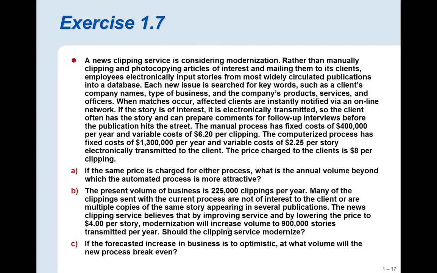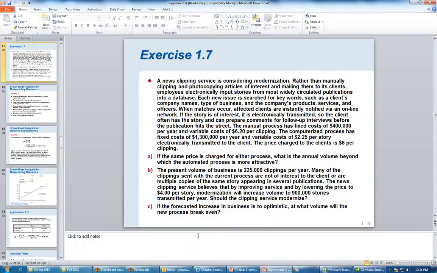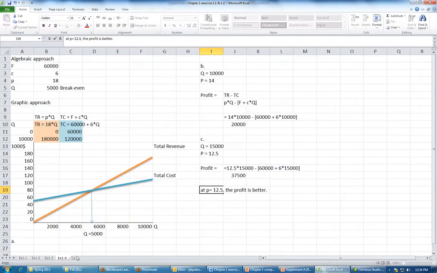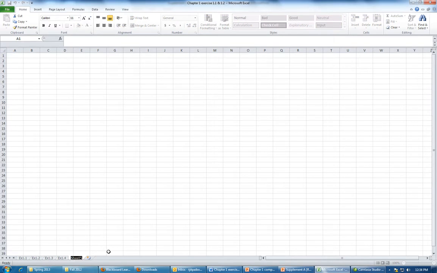So we're going to use a break-even analysis. So we're going to go to exercise 1.7. On exercise 1.7, we're going to enlarge it.